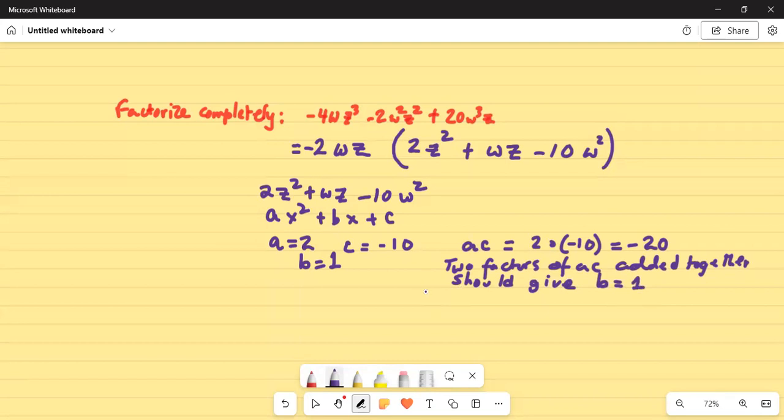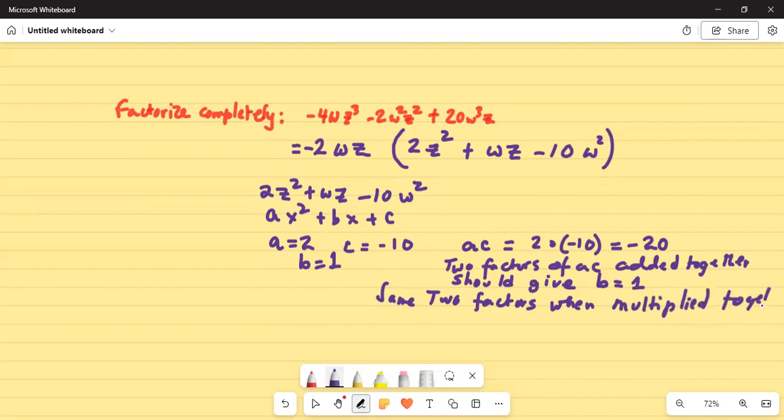And the same two factors, when multiplied together, should give AC, equal to minus 20.